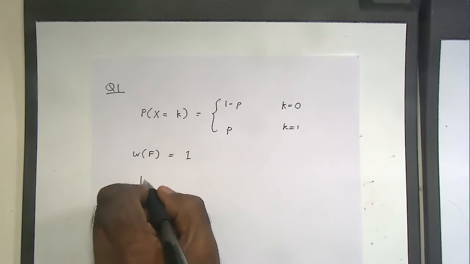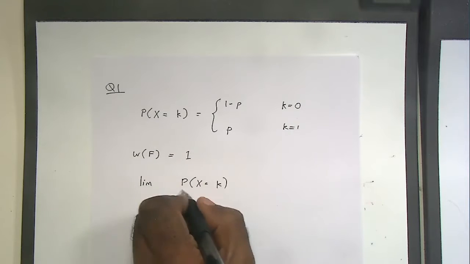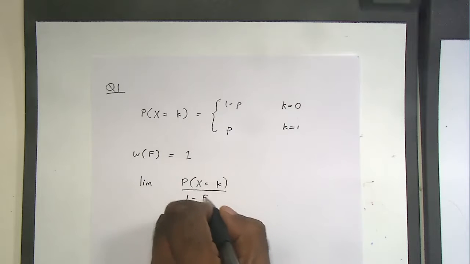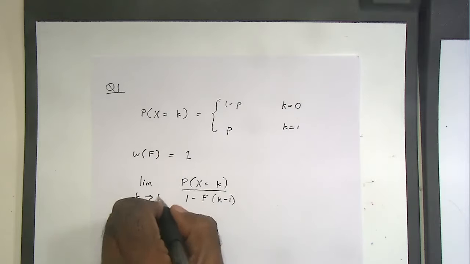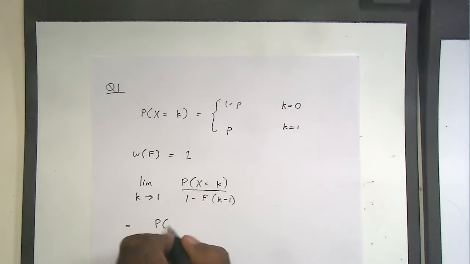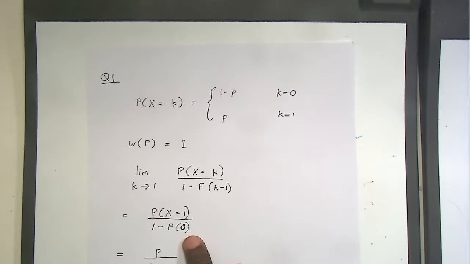So the limit of the probability that x equal to k as k approaches 1 will be the probability that x equal to 1 divided by 1 minus f at 0, okay? Now the probability x equal to 1 is p. What is f at 0?